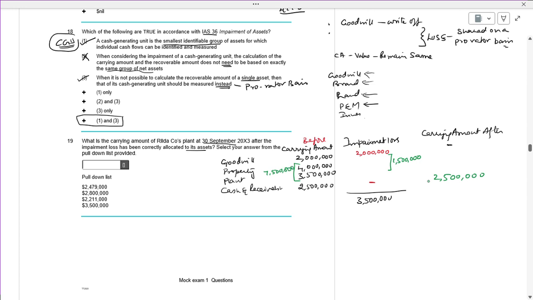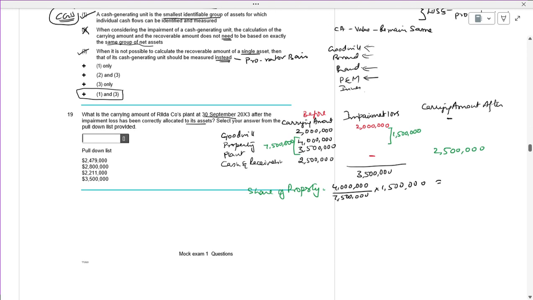Now, share of property. How much is there? 4 million divided by 7.5 times 1.5.